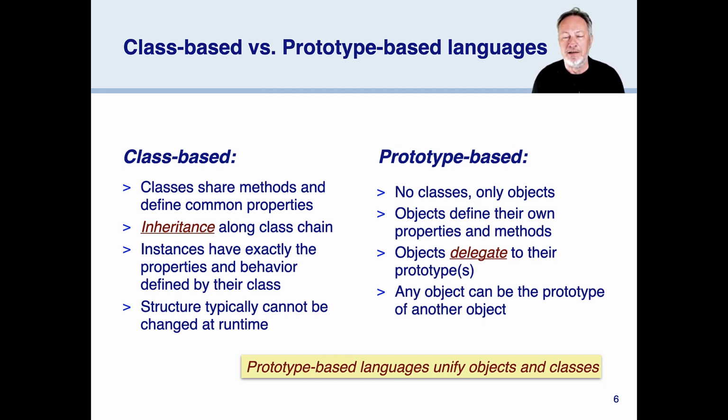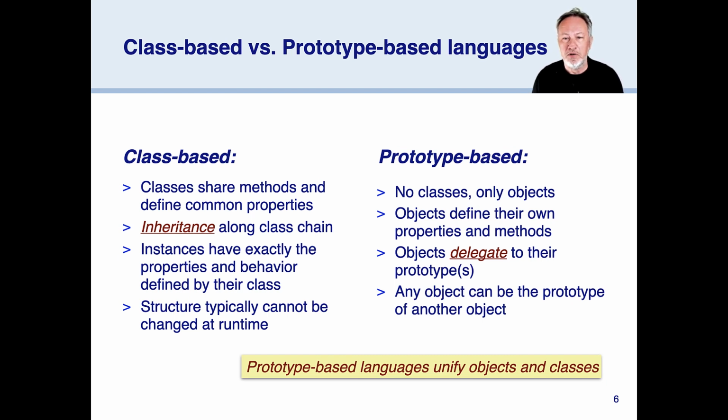So the object asks its class, hey, do you have a method for this? If the class doesn't, then by inheritance, the class will search up the superclass chain to find the method if one exists. So instances have exactly the properties and behavior defined by the class. Furthermore, the class of an object does not change at runtime.